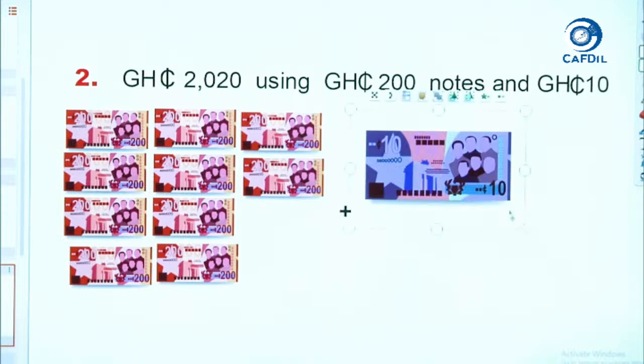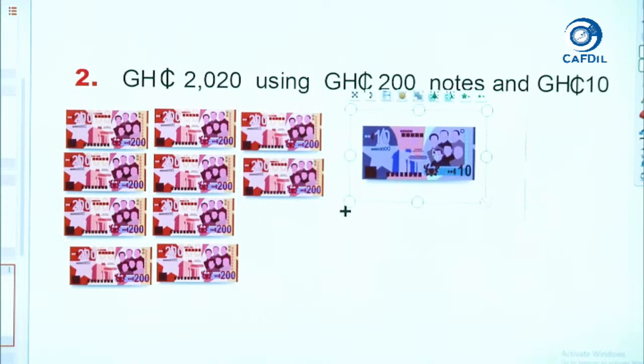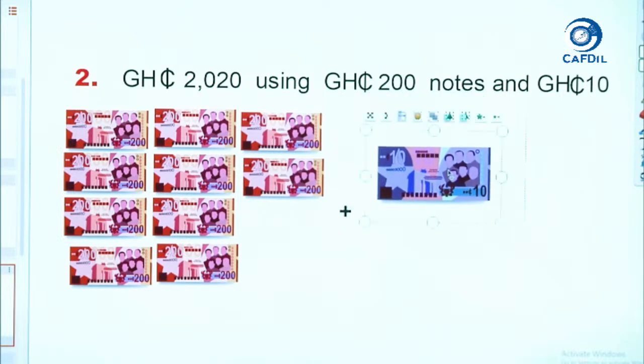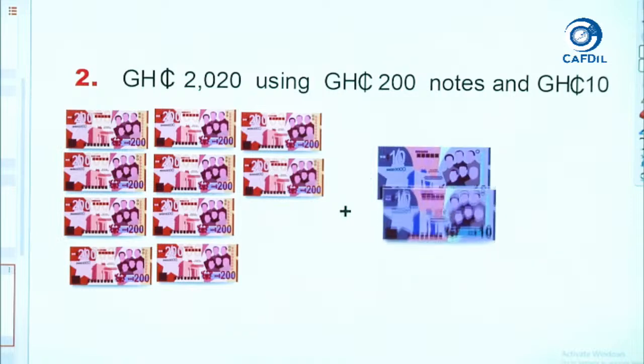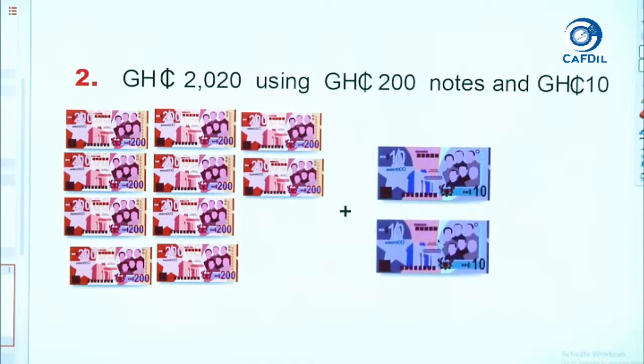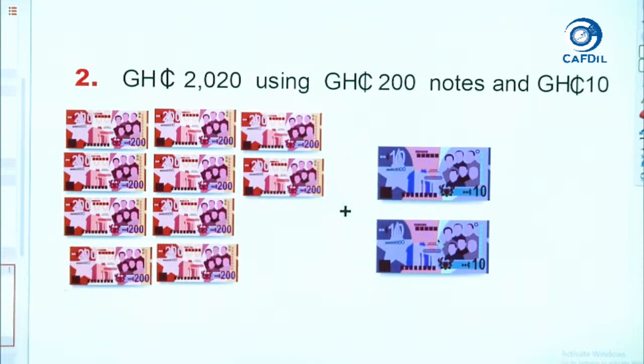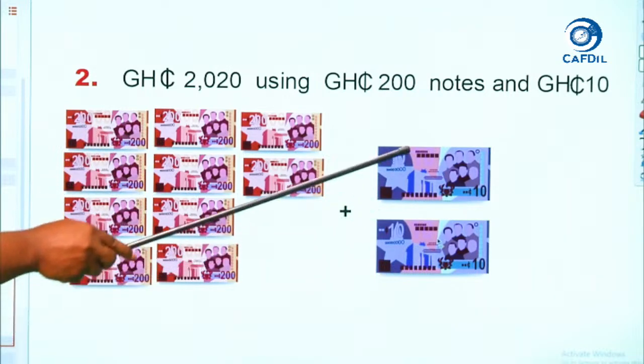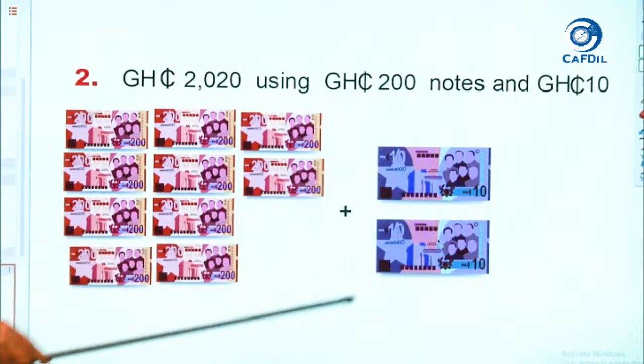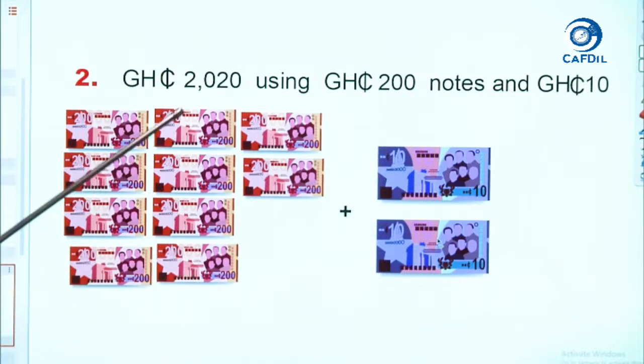Yeah, that's my 10 cedis note, and we will need 2. Good. We have our 2 10 cedis notes over here. So the 200 cedis, 10 of the 200 cedis plus 2 of the 10 cedis notes will amount to 2,020 Ghana cedis.